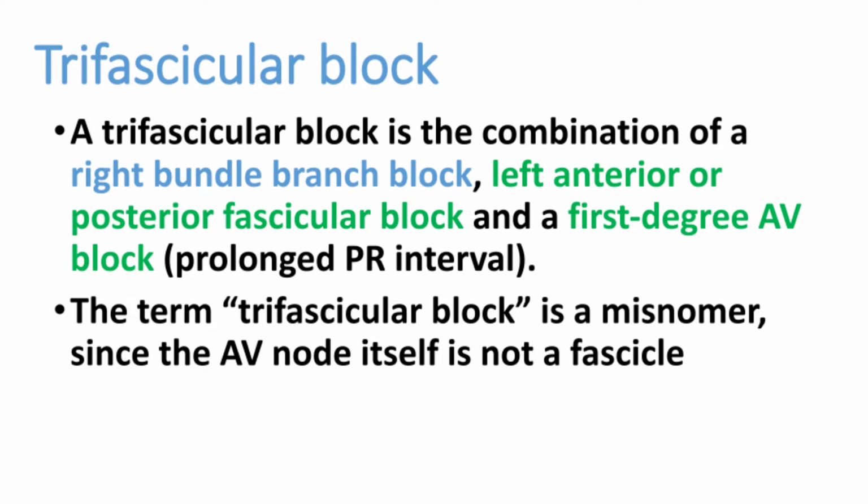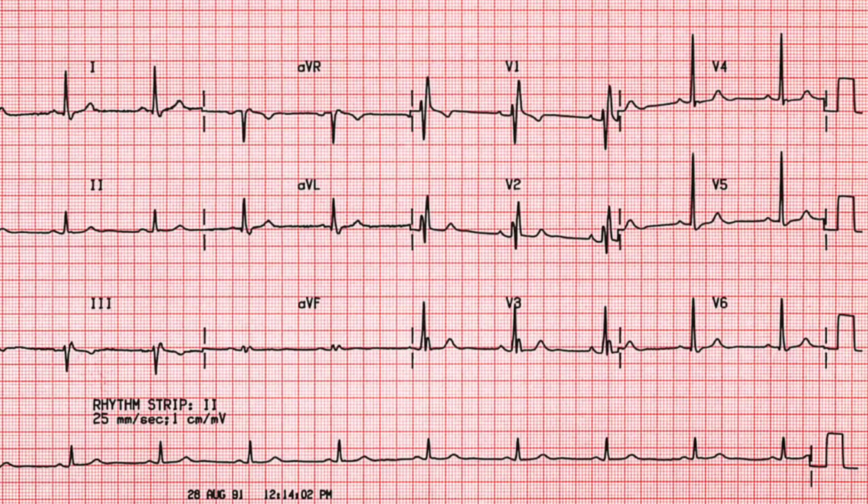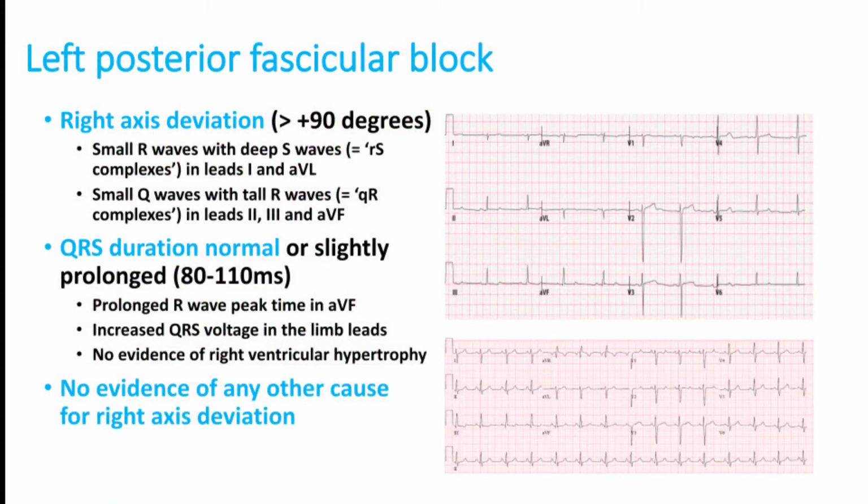Now, you know that first degree heart block is a prolonged PR interval. RBBB in ECG can be made out by the RSR dash pattern in V1, V2. Left posterior fascicular block can be diagnosed with right axis deviation.